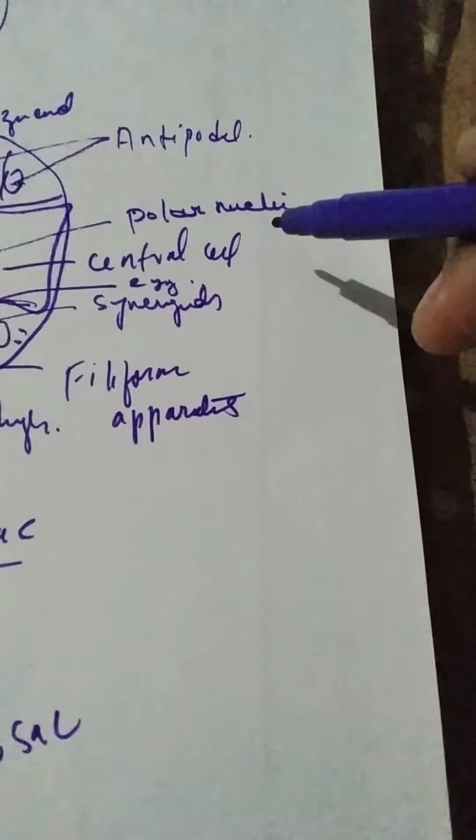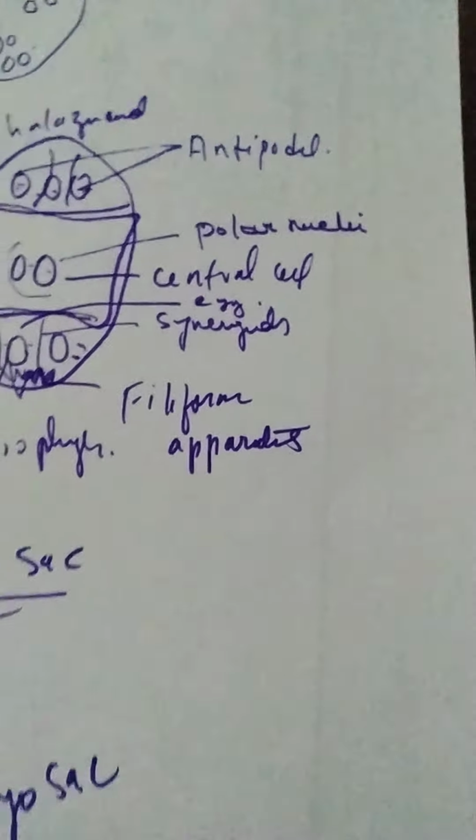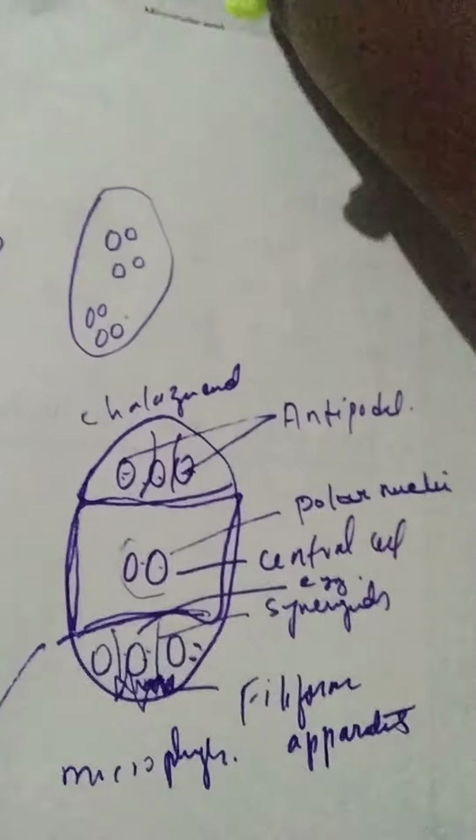And the 3 nuclei at the micropylar end are known as the egg apparatus. In the egg apparatus, the middle one is the largest, called the egg or ovum, while the other 2 are known as synergids. These words you also have to know in detail.